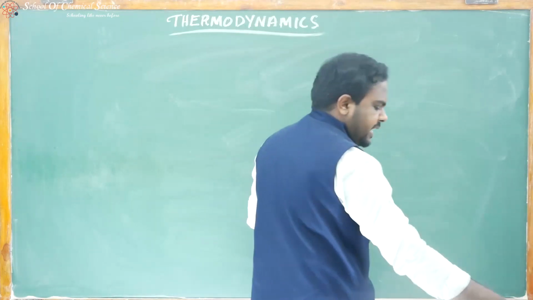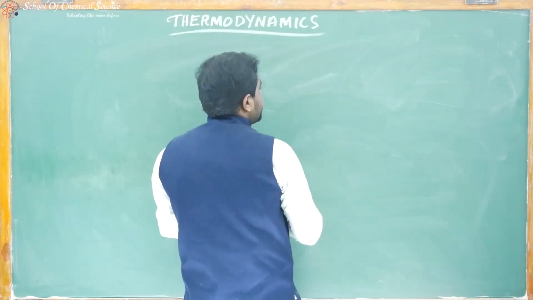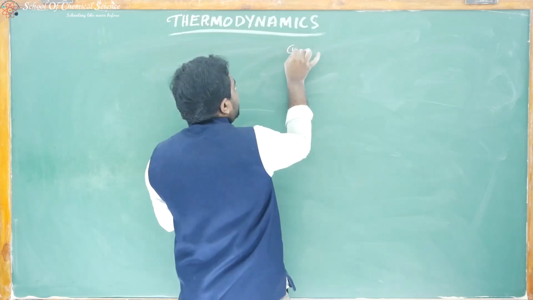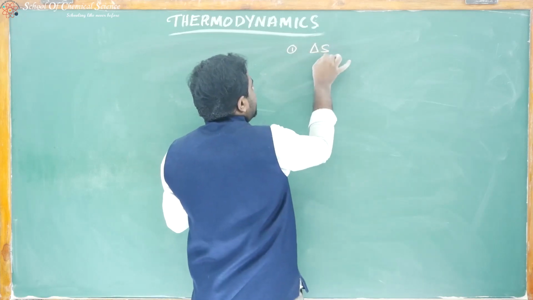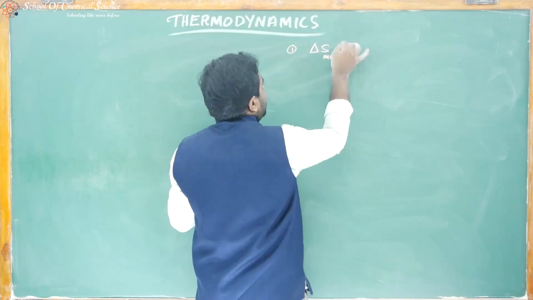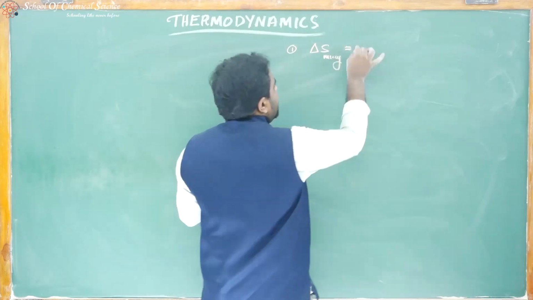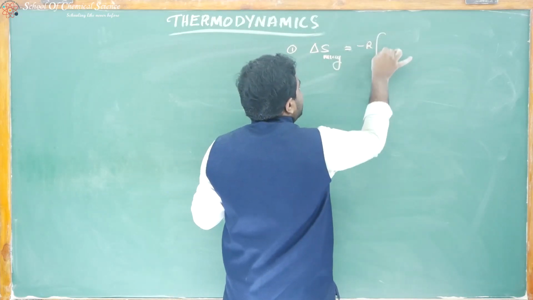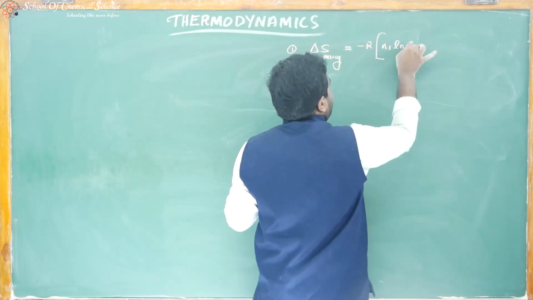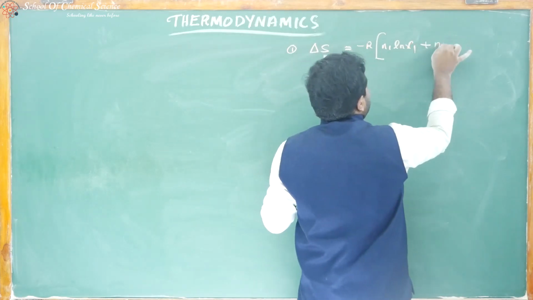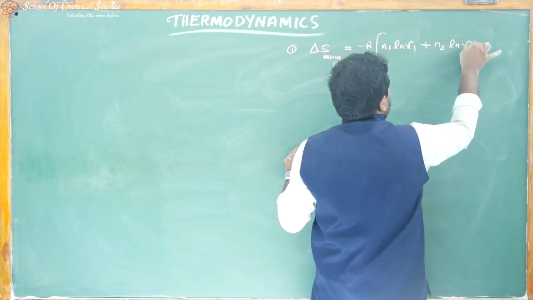Okay, once again, what is the equation? Entropy change for mixing of ideal gas, ideal mixing: minus R bracket N1 ln chi1 plus N2 ln chi2.